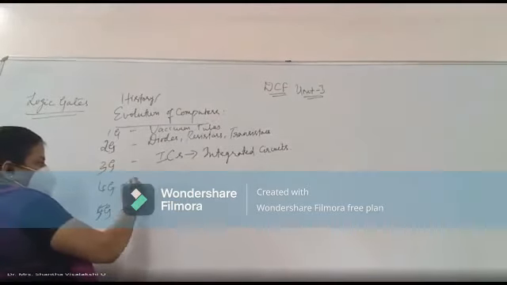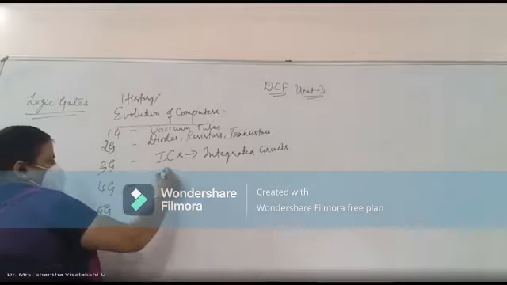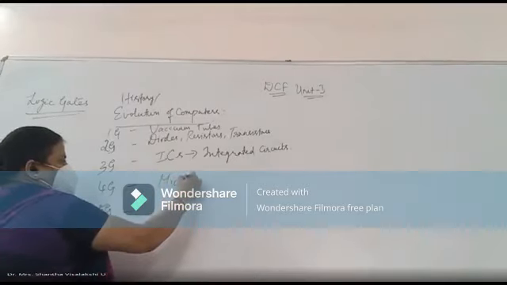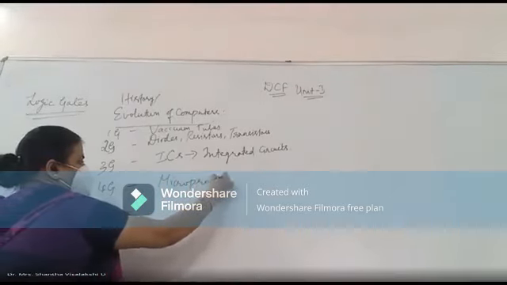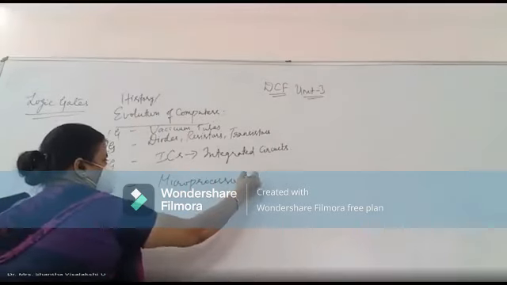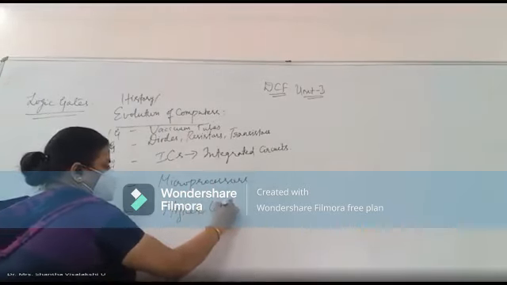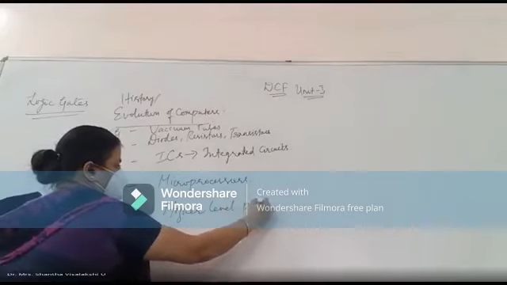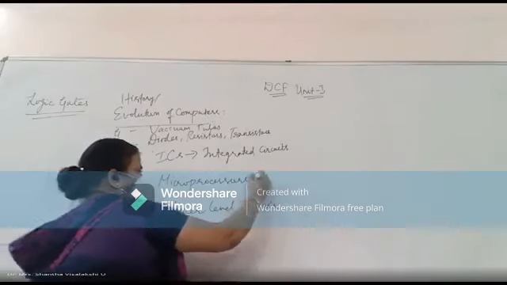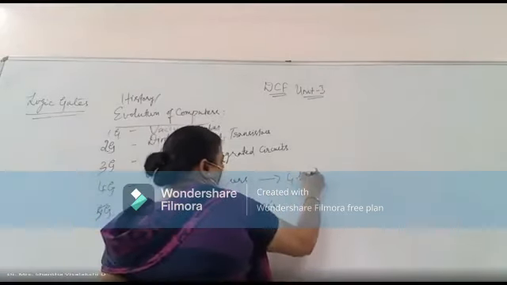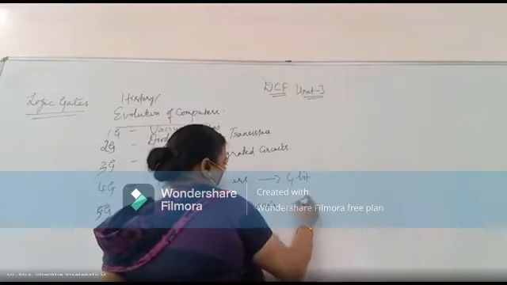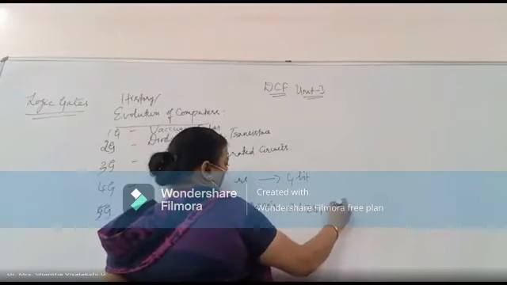From the fourth generation onwards, the processors came into existence. From the fifth generation onwards, higher level processors. So it starts from 4 bits and now it is 128, 256.